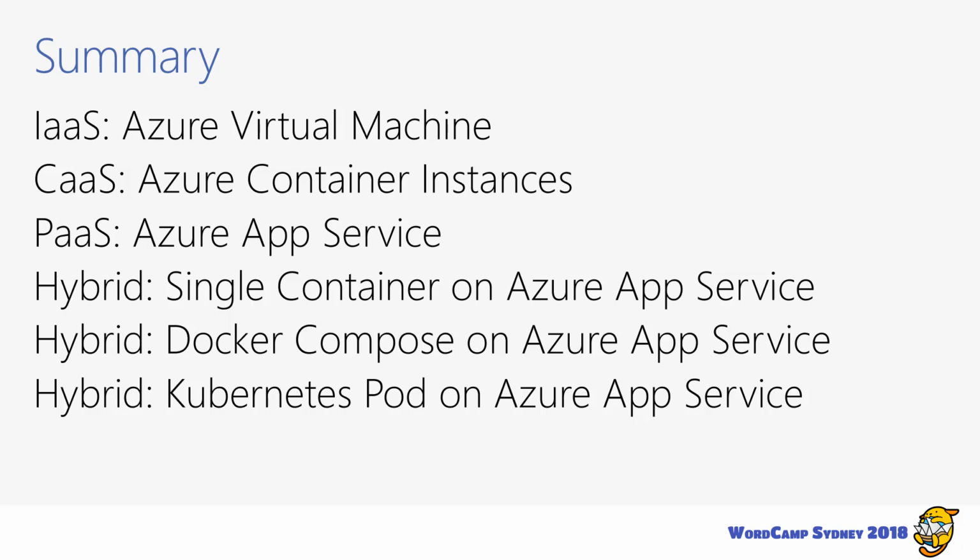From the IaaS using the virtual machine approach, then container instances, then the remaining 4 use Azure PaaS, and of those, 3 are different packaging: a single container, Docker Compose for multi-container, and the Kubernetes pod for multi-containers.